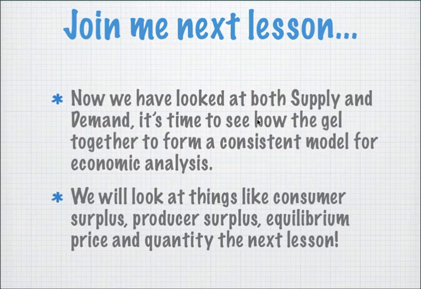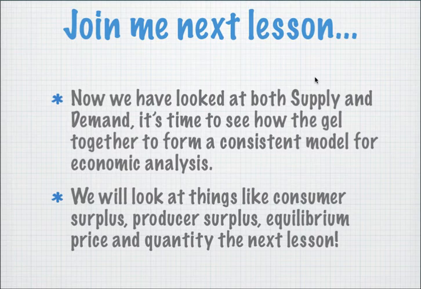So finally, we come to the end, and I hope that you'll join me in the next lesson, because now we've looked at both the supply and the demand curve, and it's exciting, and you can see how now it's time to look at how they can gel together to form a more consistent model that we'll be using. This is going to be the basis of a lot of our economic analysis from now on, and it's going to be very important.